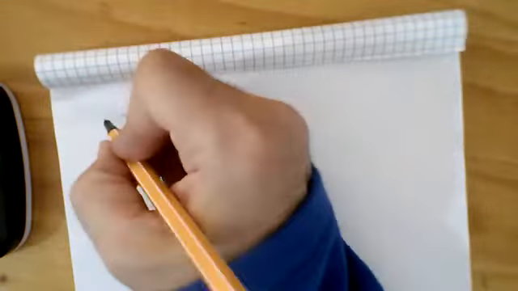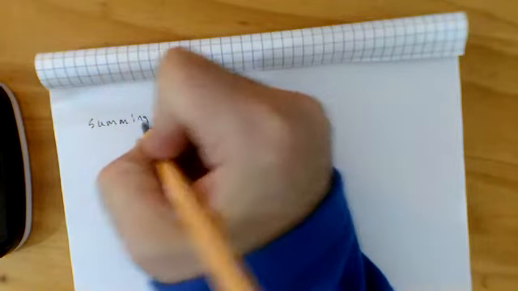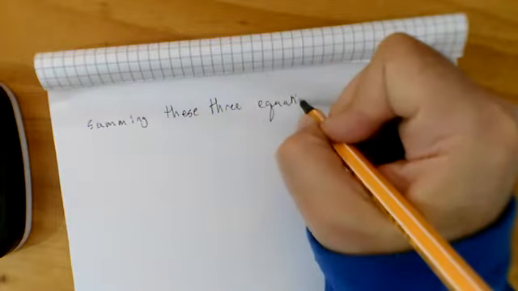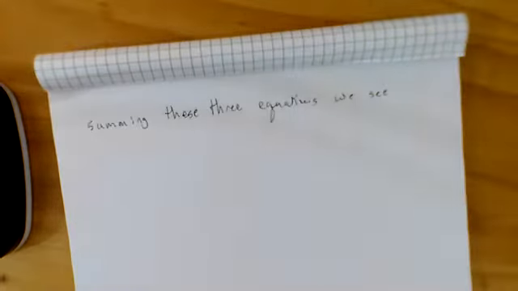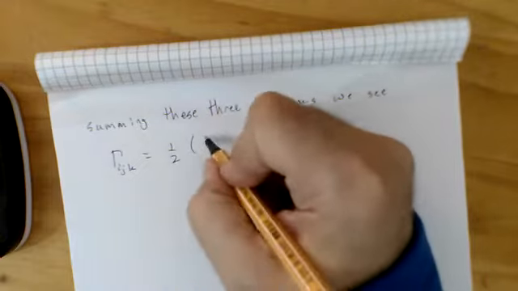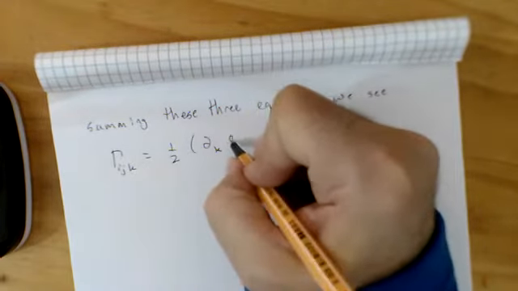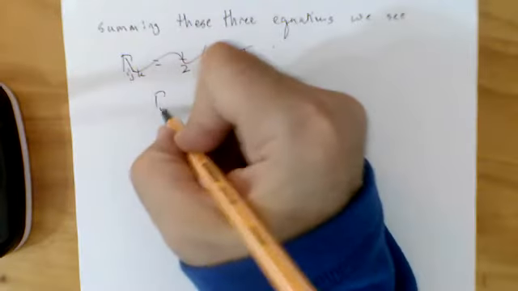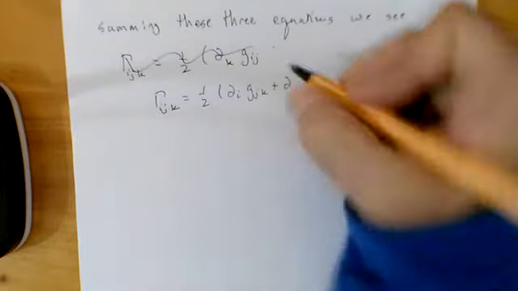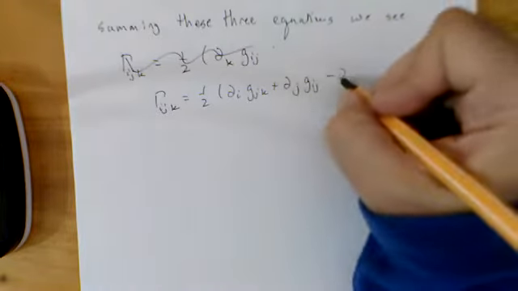If I sum these three equations up, I will see that gamma i j k is 1/2 (d i g j k plus d j g i k minus d k g i j).